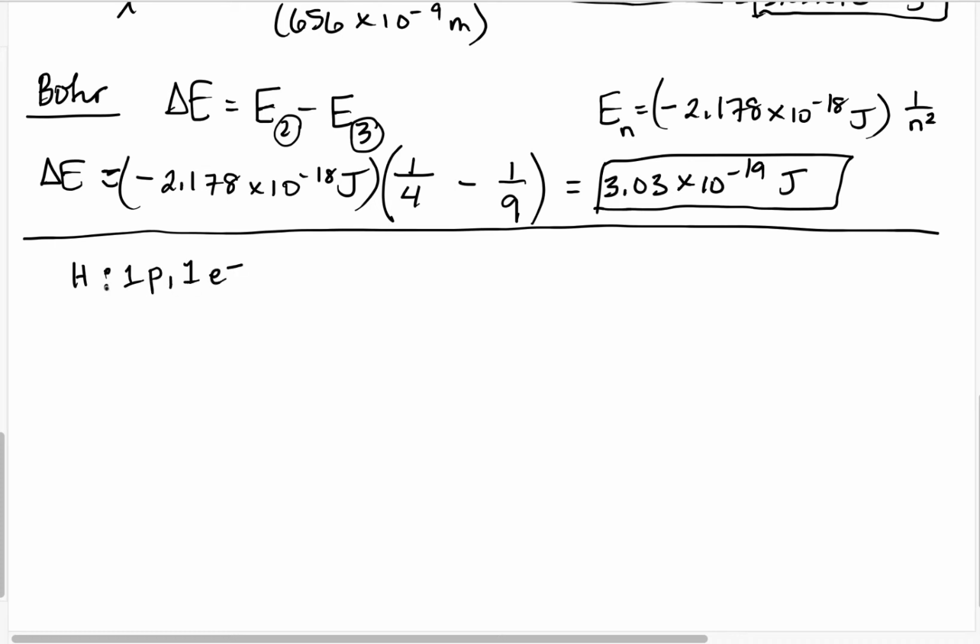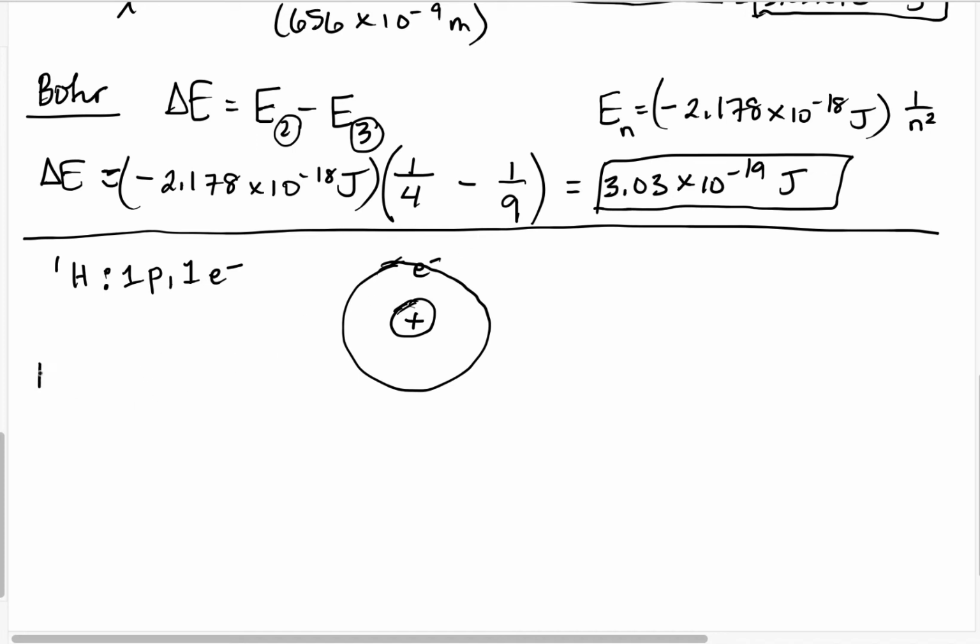From looking at the periodic table, we can see that its atomic number is 1, and it has to have 1 electron in order for it to be neutral. So a neutral hydrogen atom in H1 would have 1 proton and 1 electron. And this electron, when it's here by itself, has a relatively straightforward way of changing energy levels.